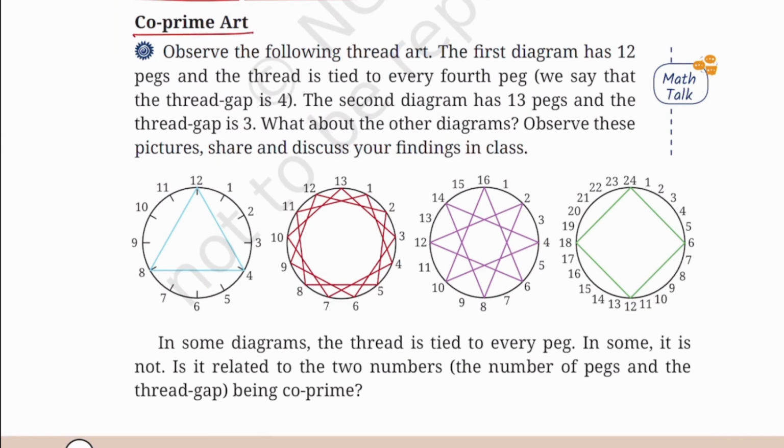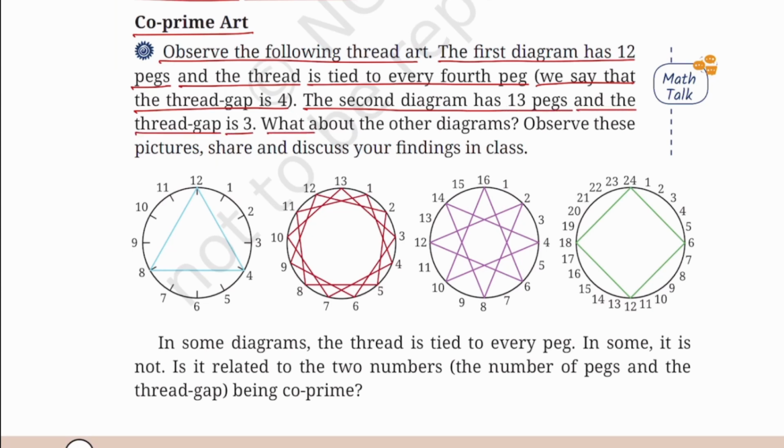Co-prime art. Observe the following thread art. The first diagram has 12 pegs and the thread is tied to every fourth peg. We say that the thread gap is 4. The second diagram has 13 pegs and the thread gap is 3. What about the other diagrams?